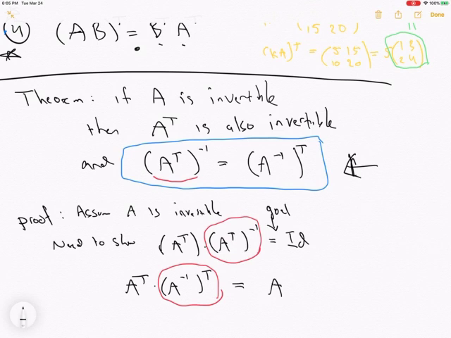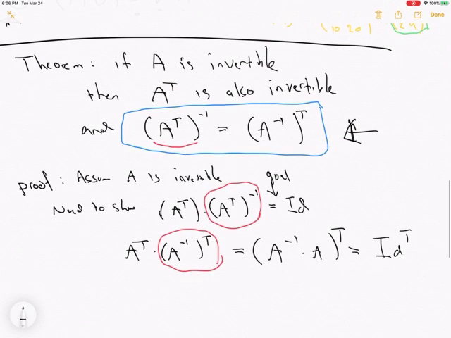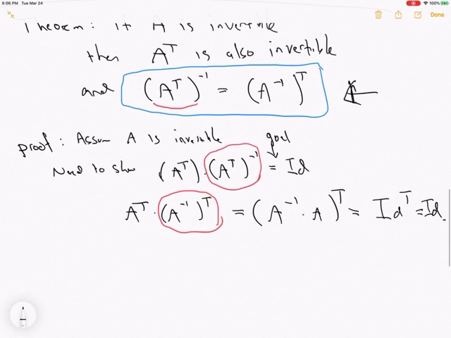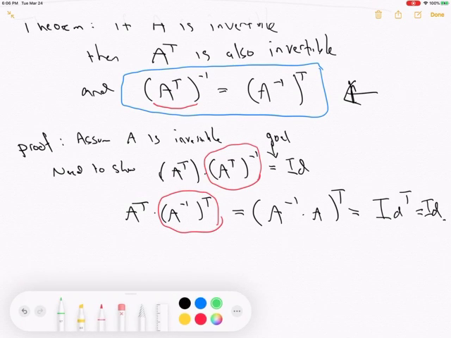So that is A inverse times A. Then we take the transpose of that, but A inverse times A is, of course, the identity. And the transpose of the identity is the identity. So that proves it. I'll just do a little bubble here.